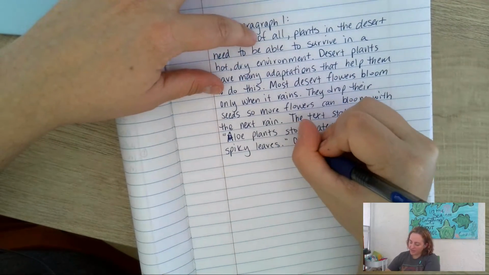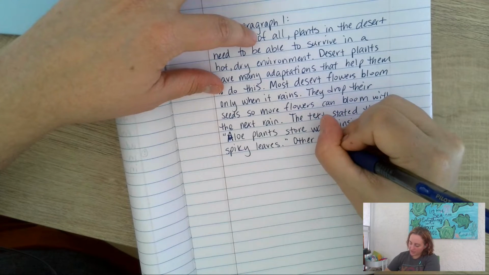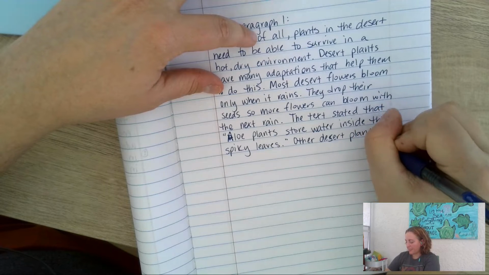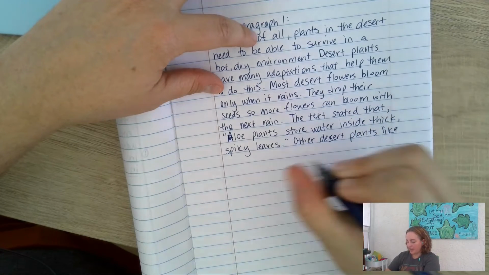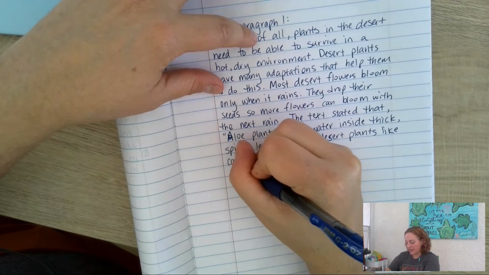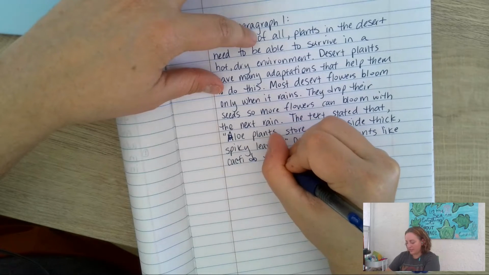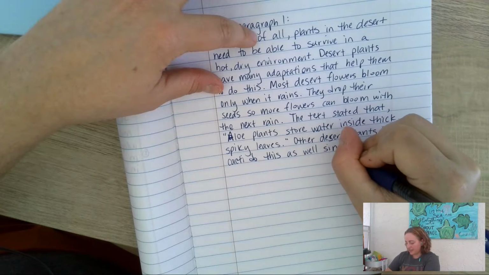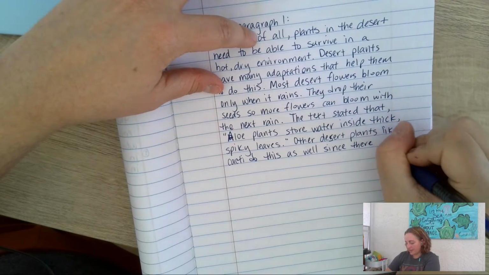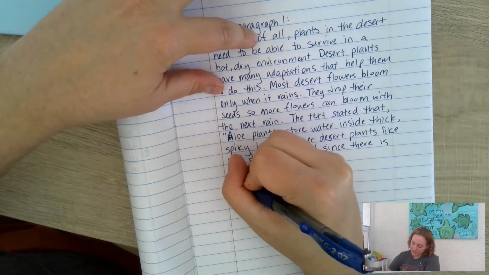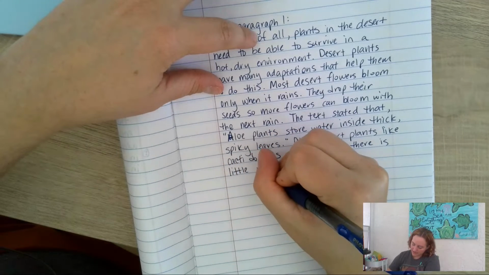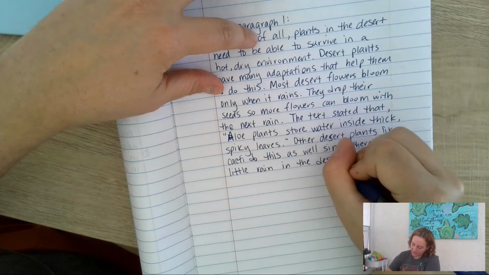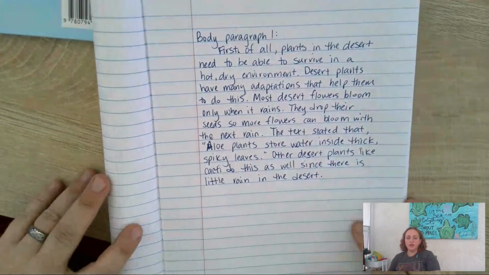And I'm going to say other desert plants like cacti do this as well, since there is little rain in the desert. Okay, so there's an example of a body paragraph.